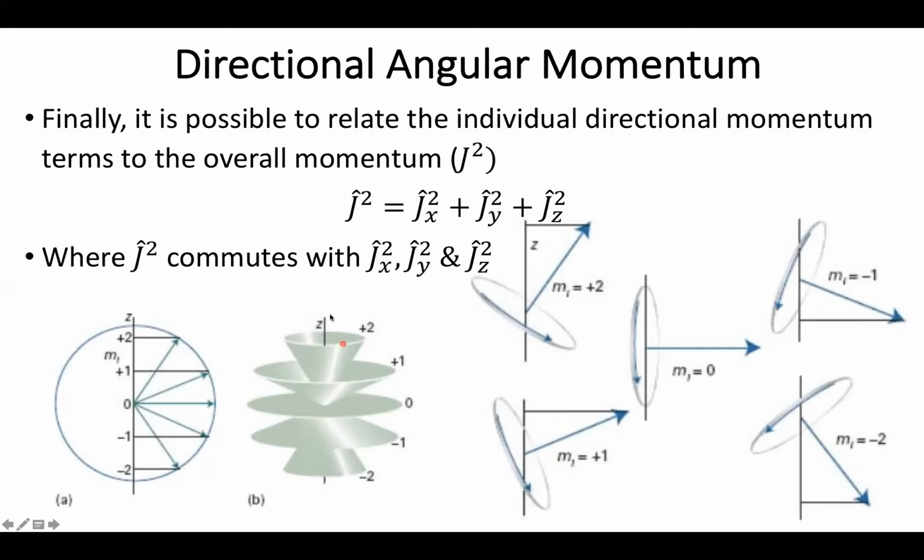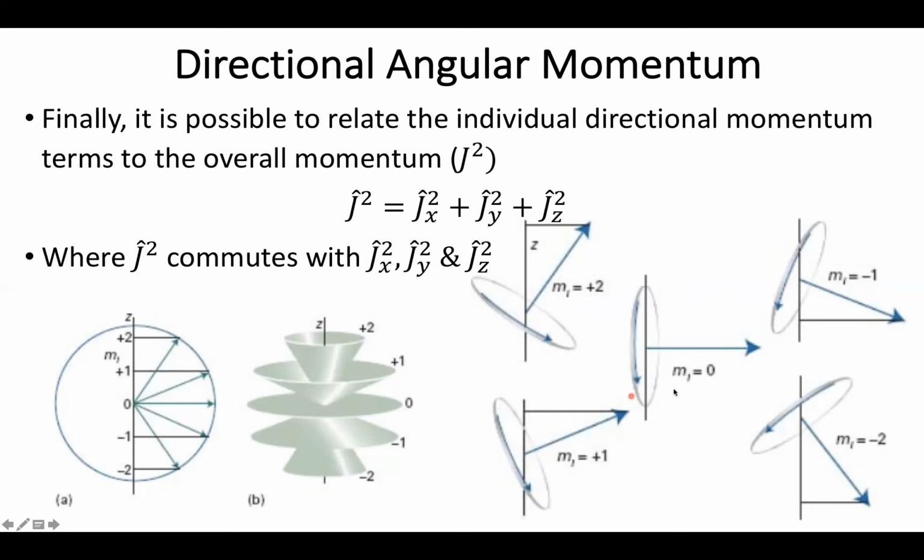I've got more motion in the XY plane as the angular momentum increasingly points in the general XY plane. However, I have no information of whether it's going to be pointing in the X or the Y because it's spending more or less equal time pointing in all of them.